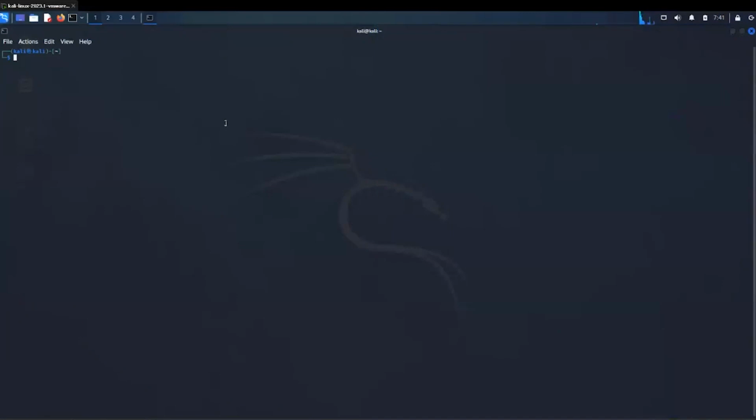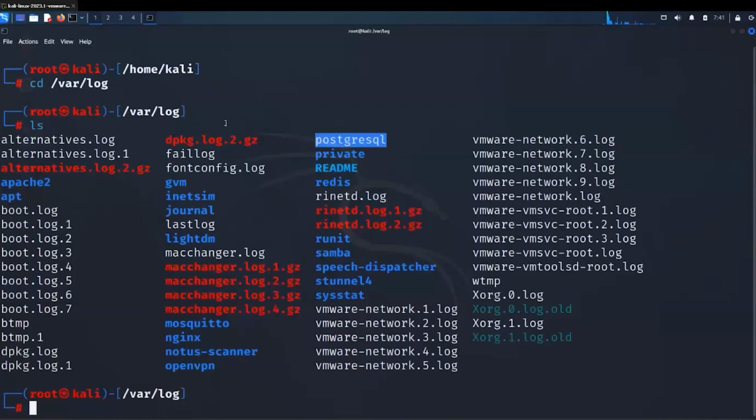We have authentication logs, which have information about both successful and failed attempts. Your boot log has the information about the startup messages and the boot information.